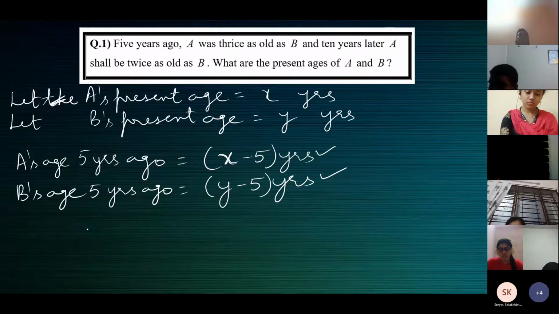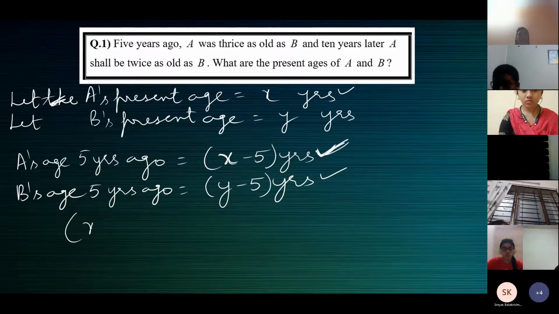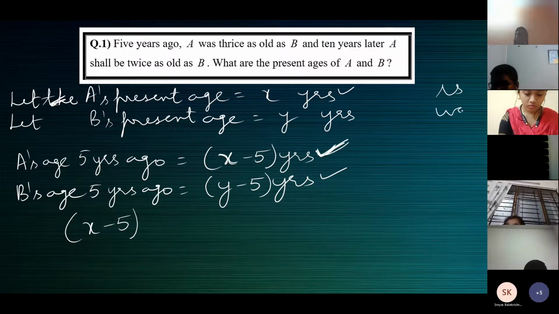So 5 years ago, A was. So which age of A to write? This one or this one? Definitely this one, because 5 years ago. So A was. This is A. Was, is, will be, all that is equal to in mathematics.